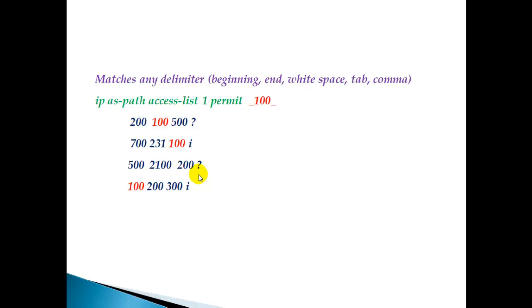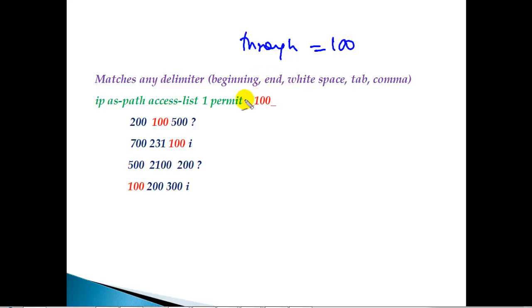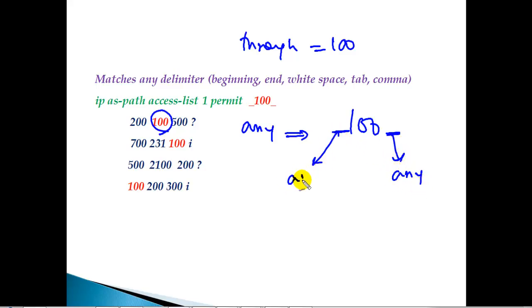Similarly, if you want to match the prefixes which are passing through or moving through 100, wherever 100 is, maybe in the beginning, in the end, or in between, in any place, then you simply say underscore 100 underscore. When you give underscore, before and after it can be anything.